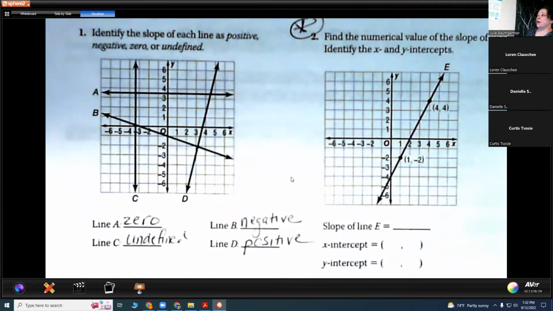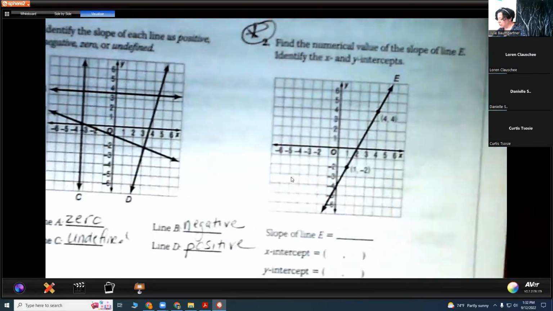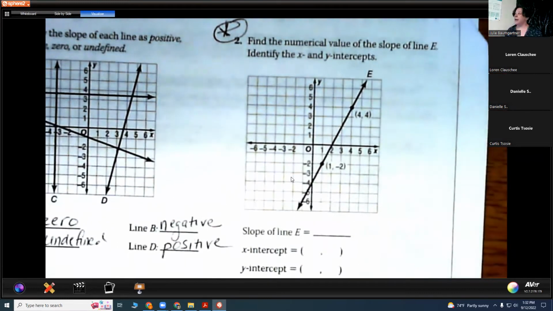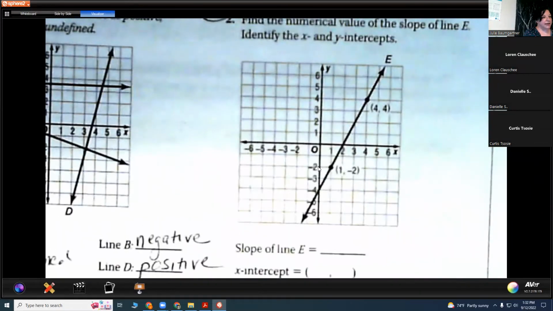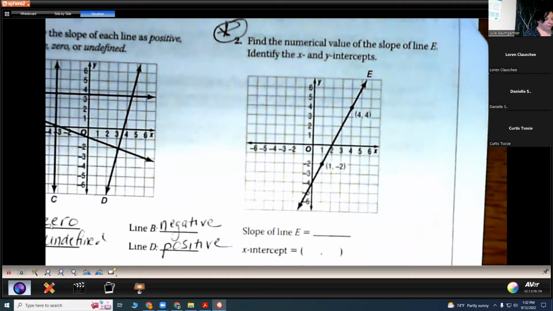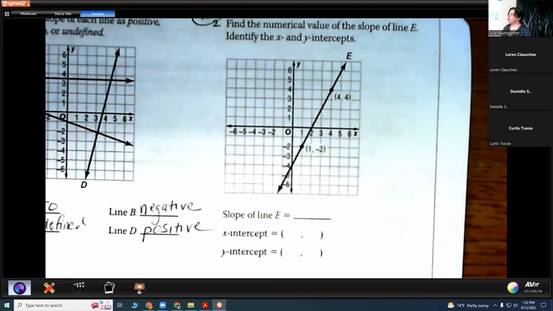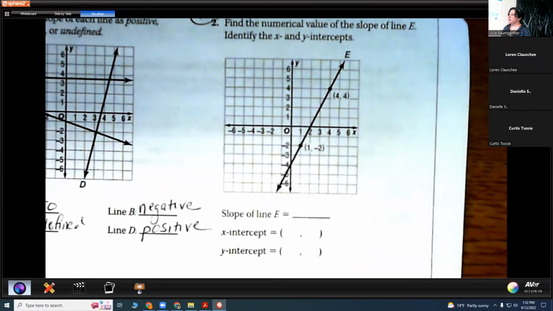Okay, so we're going to go to part 2. It says find the numerical value of the slope of line E, and then identify the x and the y intercepts.